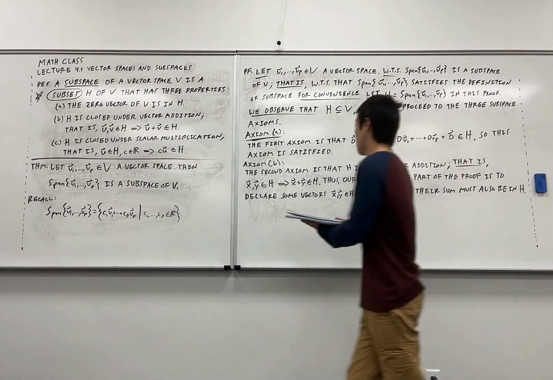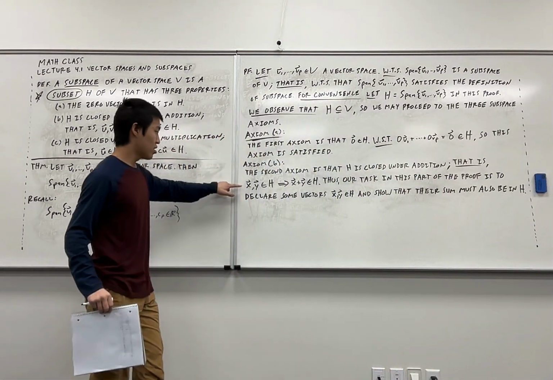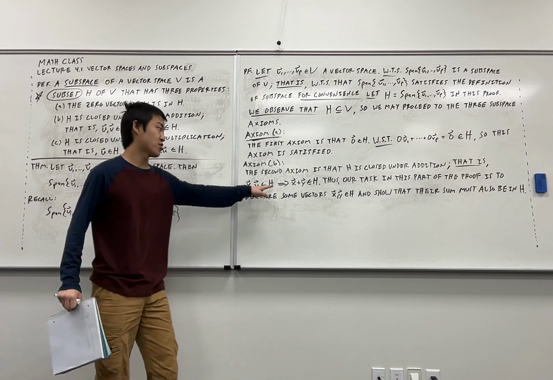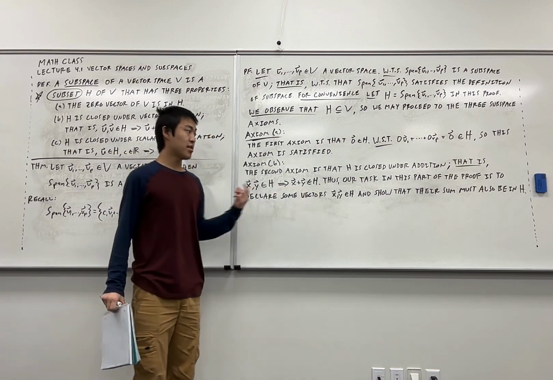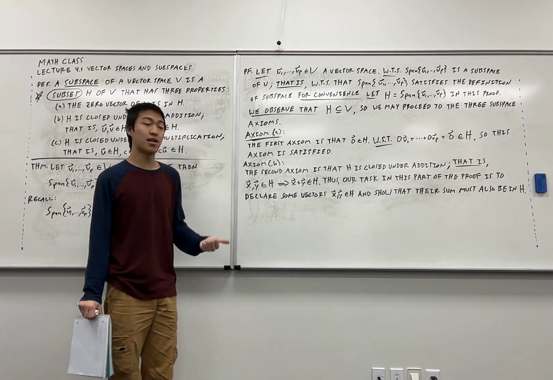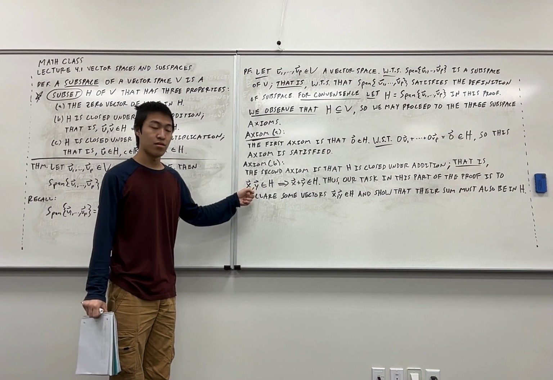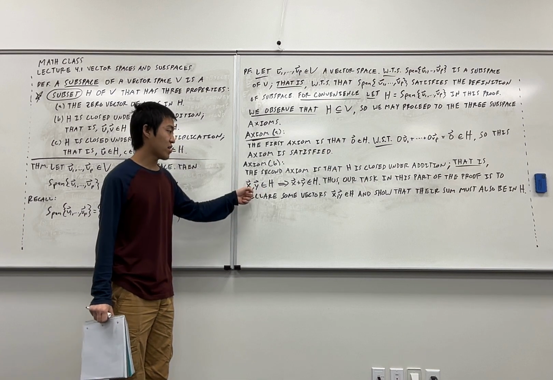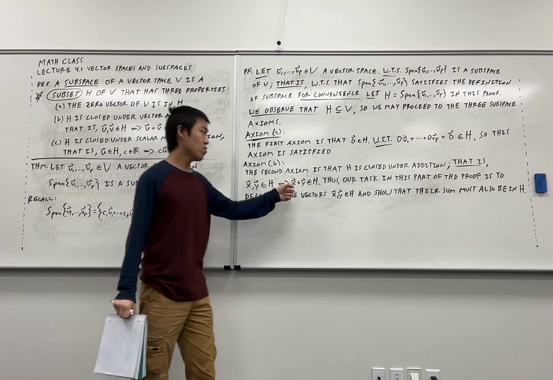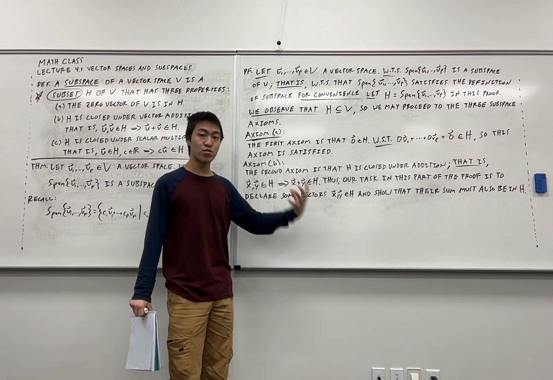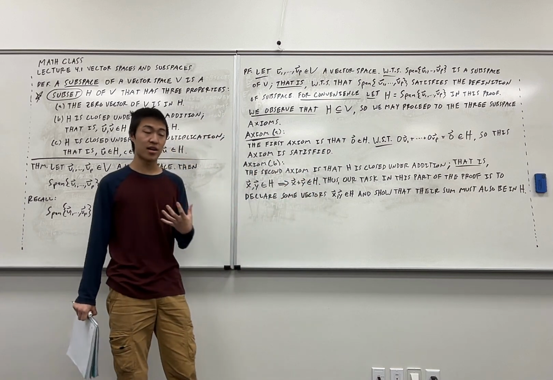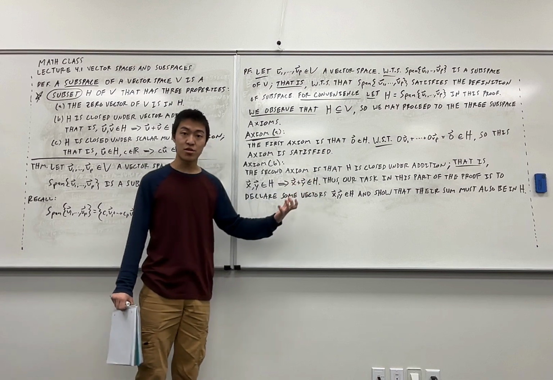So in order to show closure, being that x, y in H implies that x plus y is in H, the task is to declare some vectors x and y, and then show that if I add those vectors together, the resulting vector itself satisfies what it means to be in H.